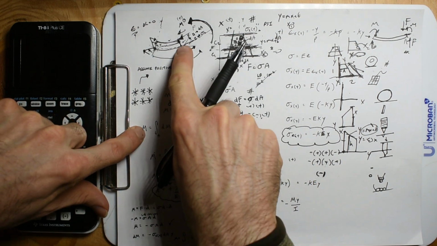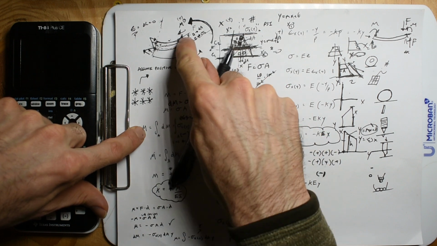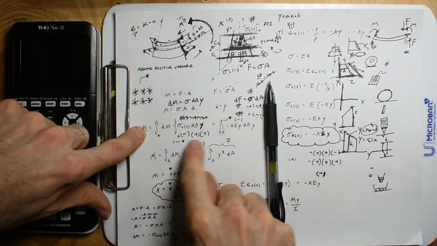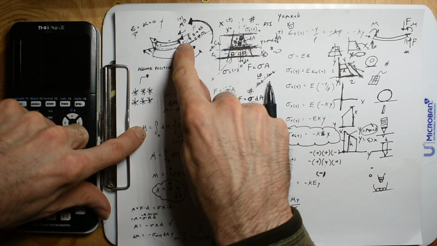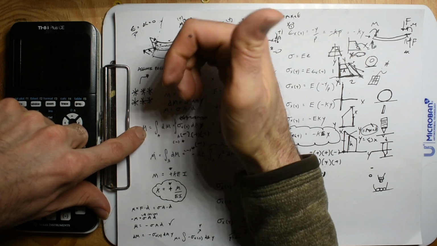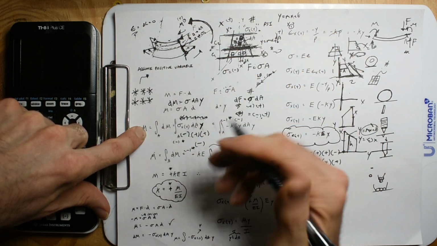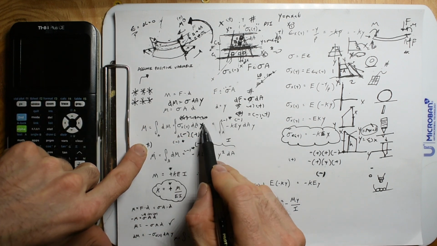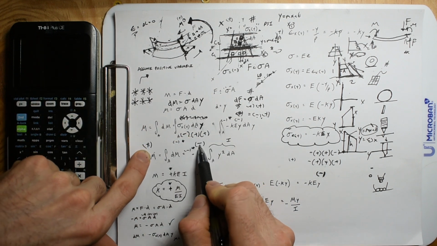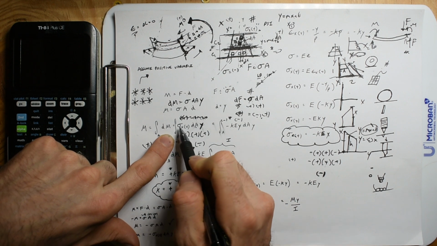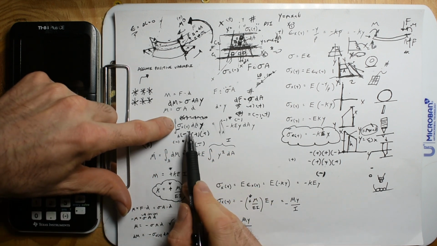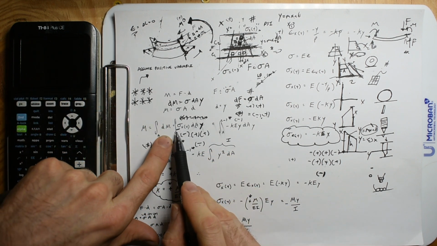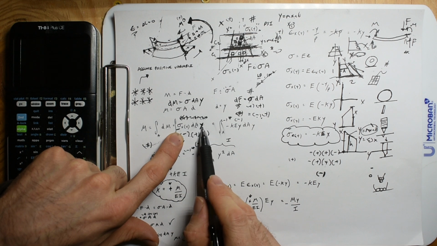So now let's go up onto our chart and like, hey, this is the force, this is the moment of that force that we calculated, and that's going to be a positive force. So we need this side to be positive. When y is positive, this side is negative. So all we need to do is just put a negative in front of this. And so then we have negative sigma x of y dA y.